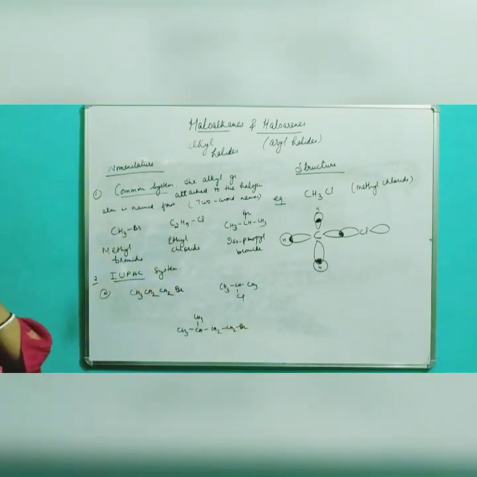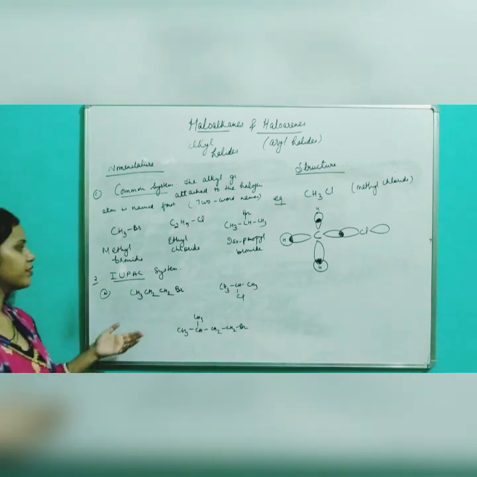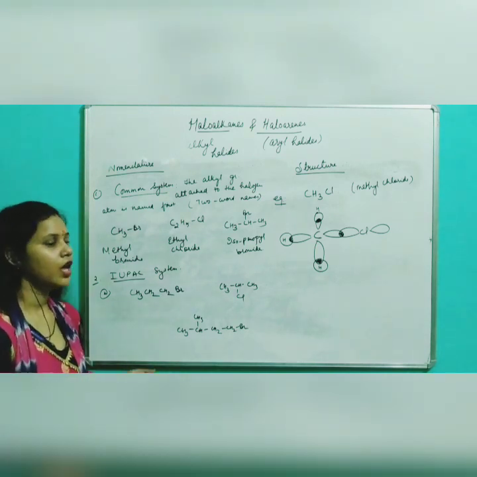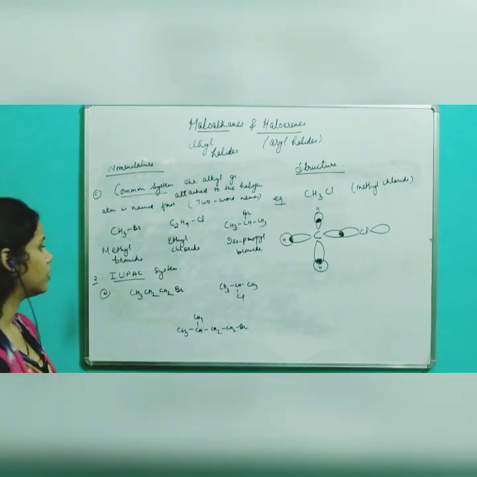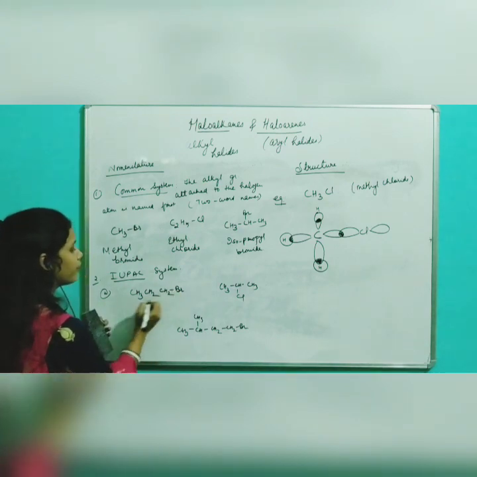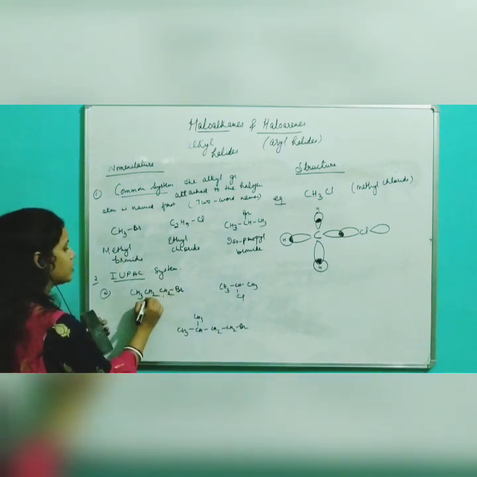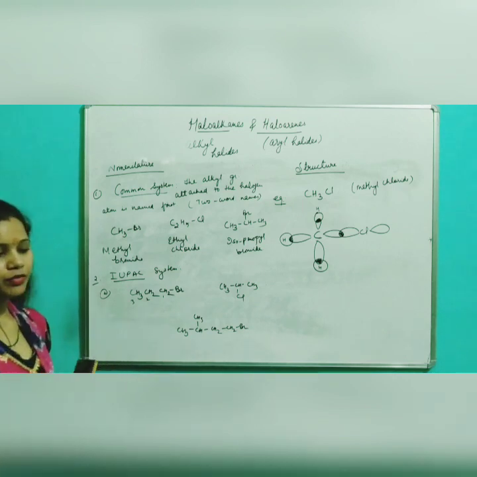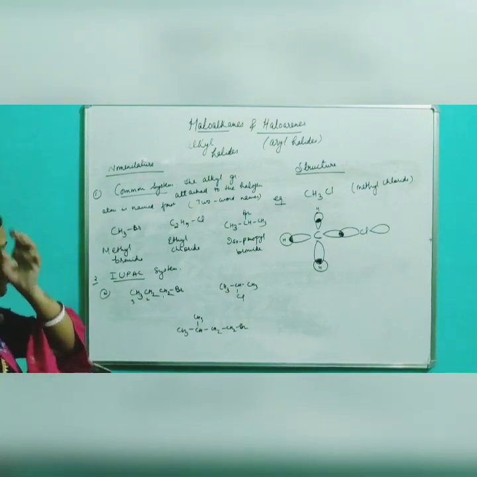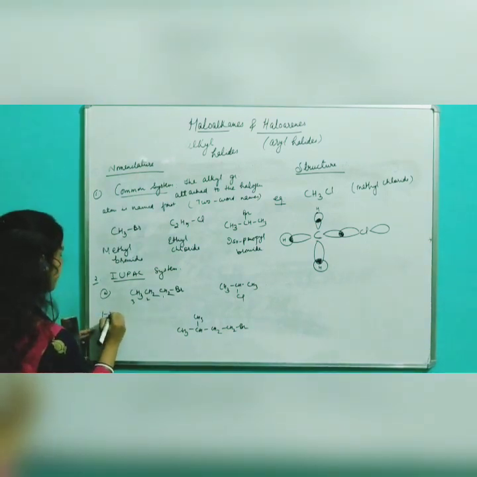First of all we will look for the longest chain, and then we will see the halogen atom attached to it, the main group here. So here if we name it, it will be 1, 2 and 3. So it can be written as 1-bromopropane.